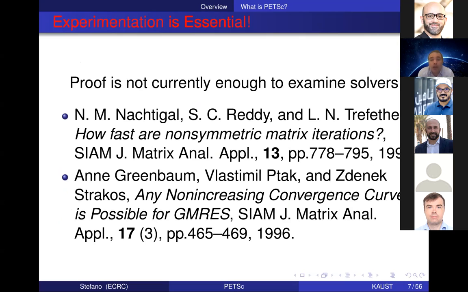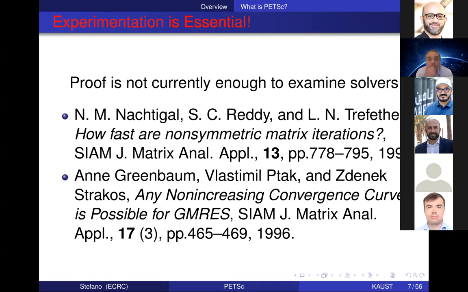And I don't know how many of you know that you can fool GMRES. GMRES, which is a Krylov method, probably the most robust Krylov method to solve non-symmetric linear systems. You can fool GMRES, and you can design a non-symmetric matrix that has a very nice clustering of eigenvalues, but design it in a way that GMRES will converge at the worst expectation.